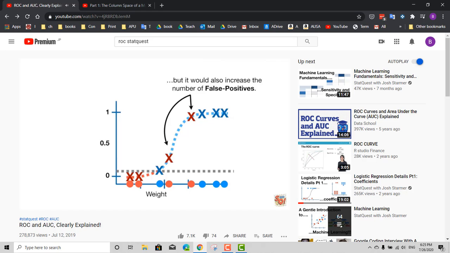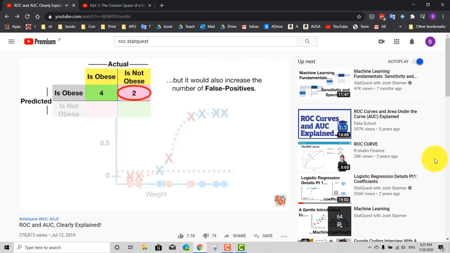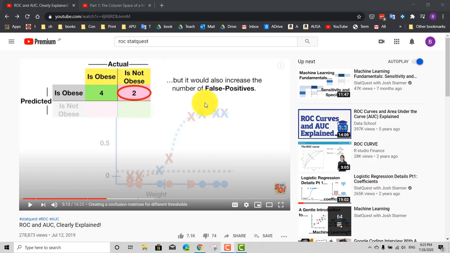But it would also increase the number of false positives. The lower threshold means false positives, which means that we're going to predict that they're obese when they actually aren't. So when we bring this way down here, we're going to classify virtually everything as obese, including this red one and this red one. These are not obese, and this one wasn't predicted as obese when we had it at a 50% cutoff. This one was.